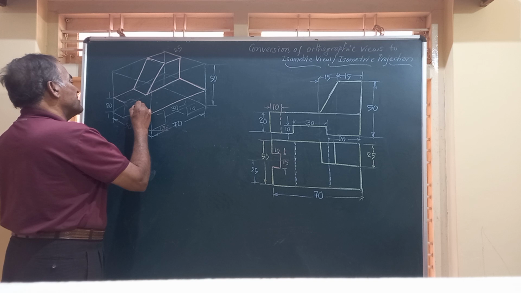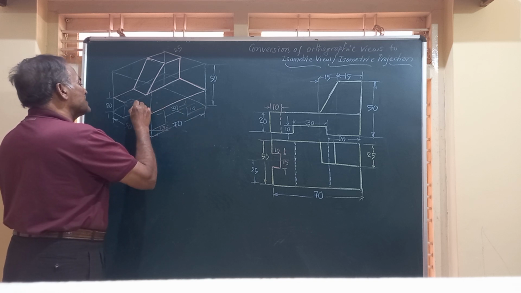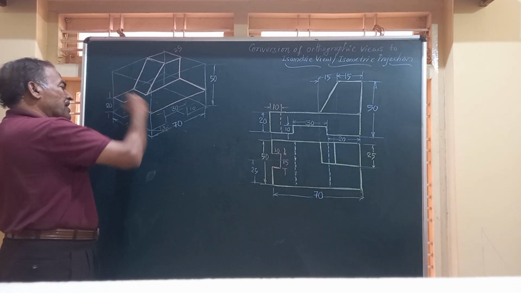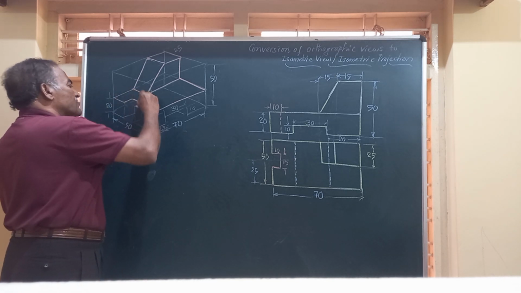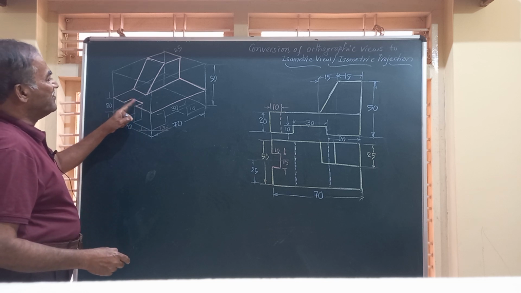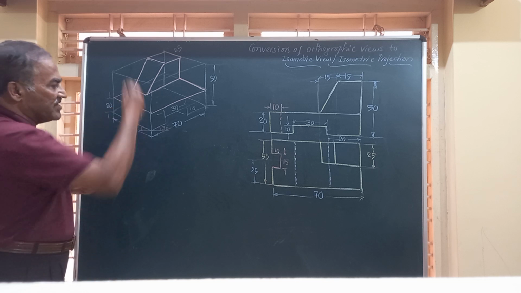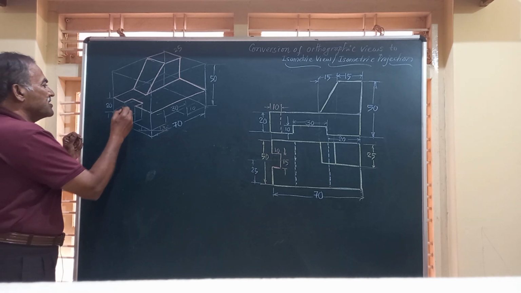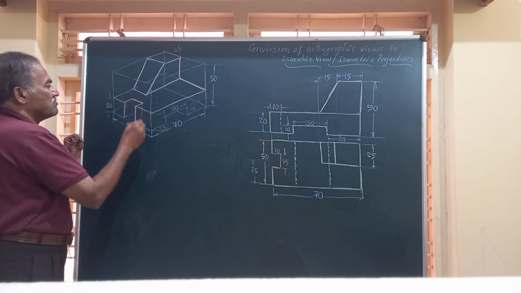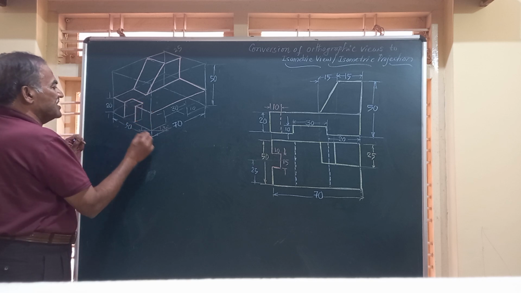So I will draw parallel to the base 10 millimeter, again here 10 millimeter, and parallel to this left edge we are going to have another line. This is 15 and this is 10. Friends, this is a vertical slot, open at the bottom. So I am going to show this by drawing vertical lines like this.